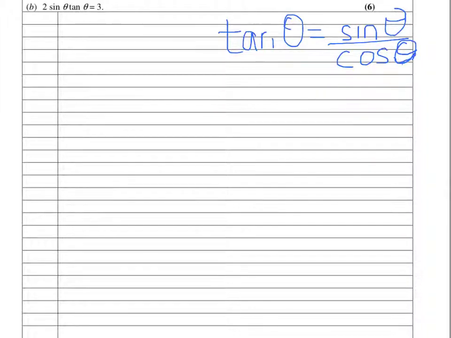That's probably going to help me. And sine squared theta plus cos squared theta equals 1.